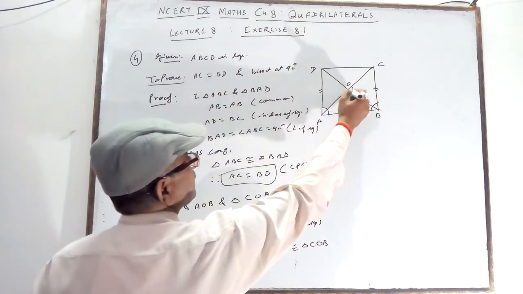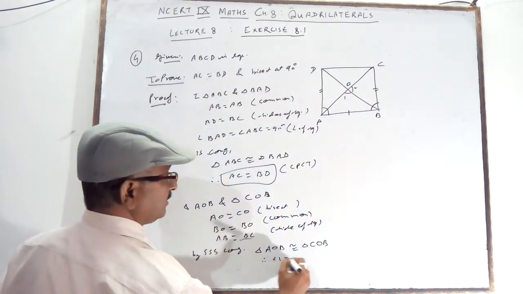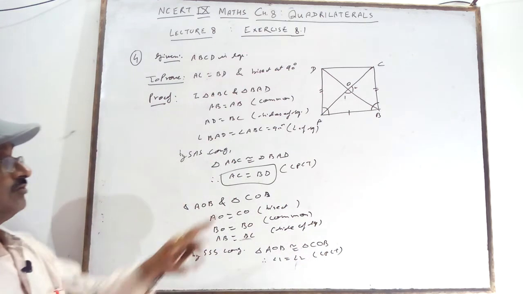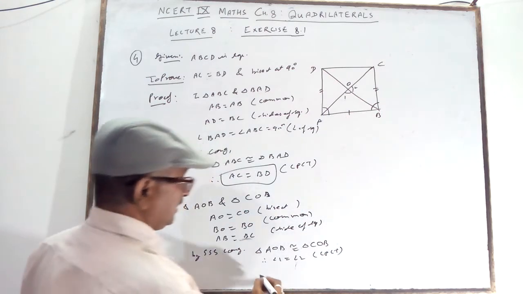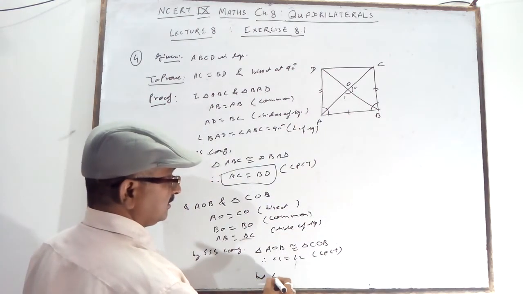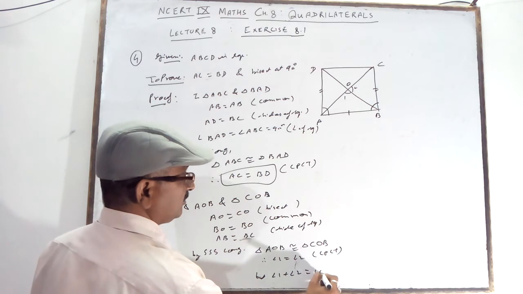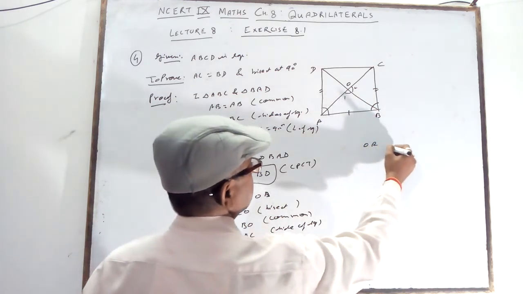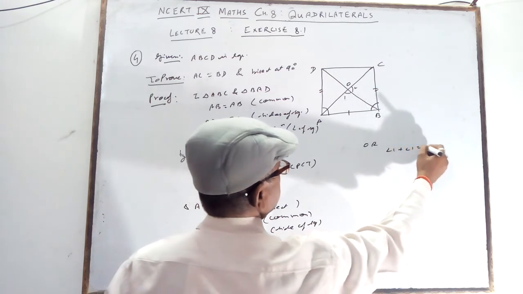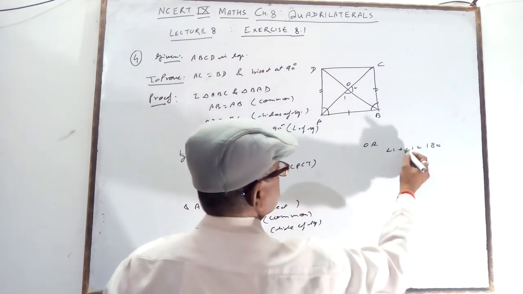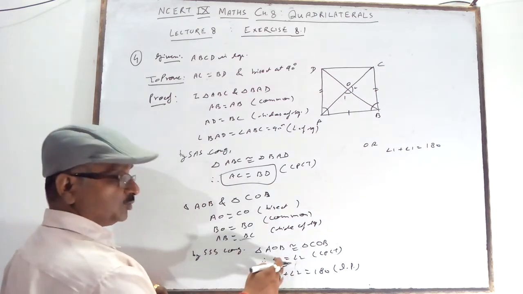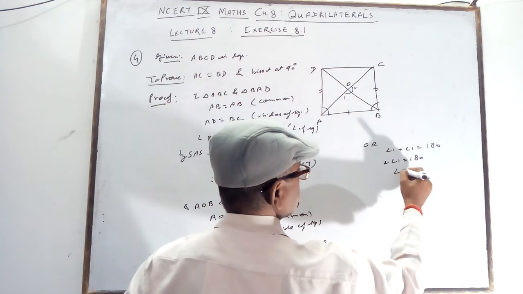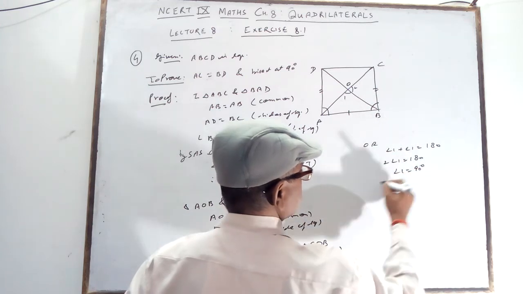Therefore, angle 1 is equal to angle 2 by CPCT. But angle 1 plus angle 2 is 180 by linear pair. Replace angle 2 by angle 1, so angle 1 plus angle 1 is equal to 180. Twice of angle 1 is 180, so angle 1 is 90 degrees.